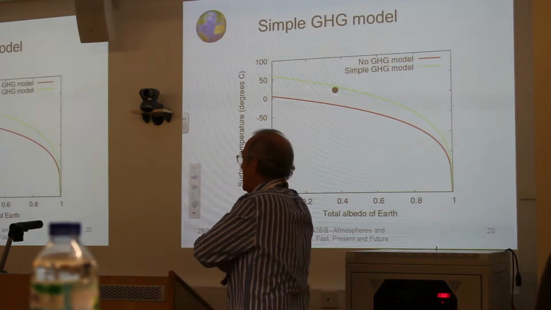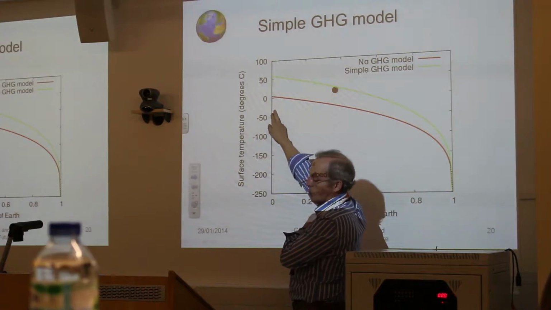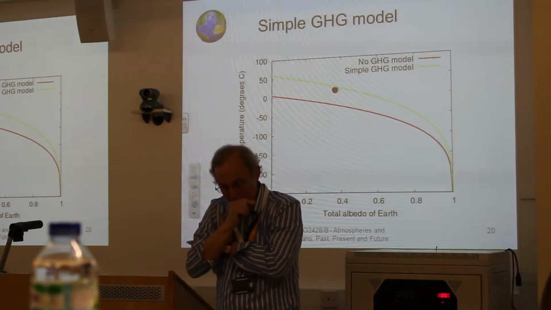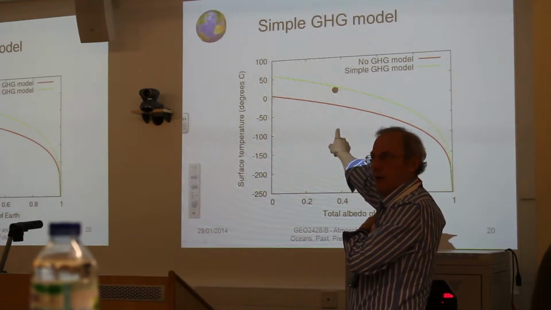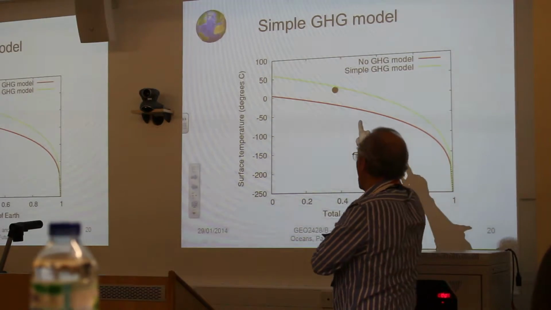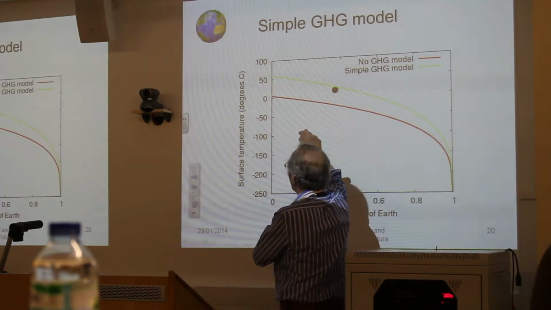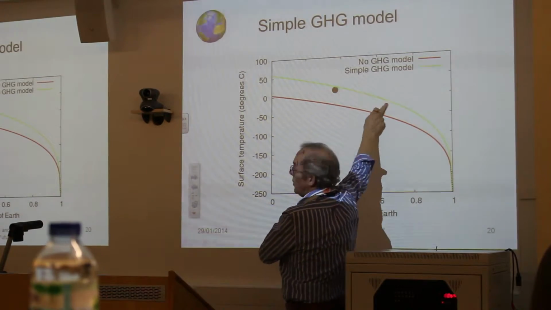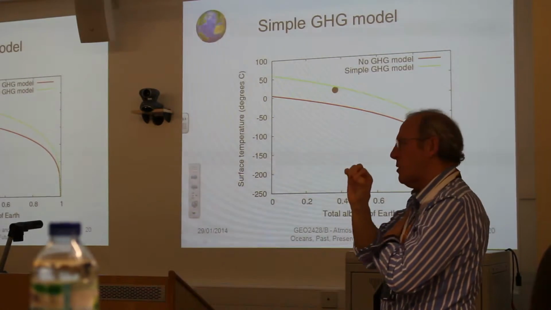The expected relationship between albedo and surface temperature, assuming radiation input is constant, allows us to just about hit the line. So this was the simple relationship without greenhouse gases. This is the one with the greenhouse gas relationship. It's almost there. It's not totally there.